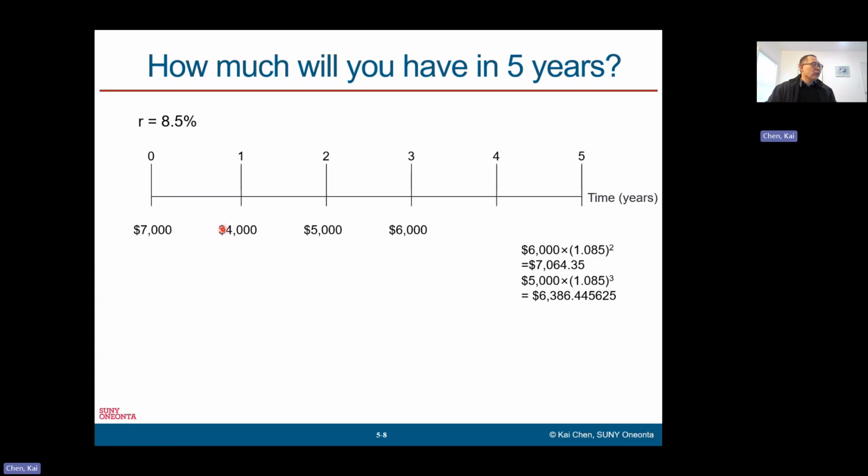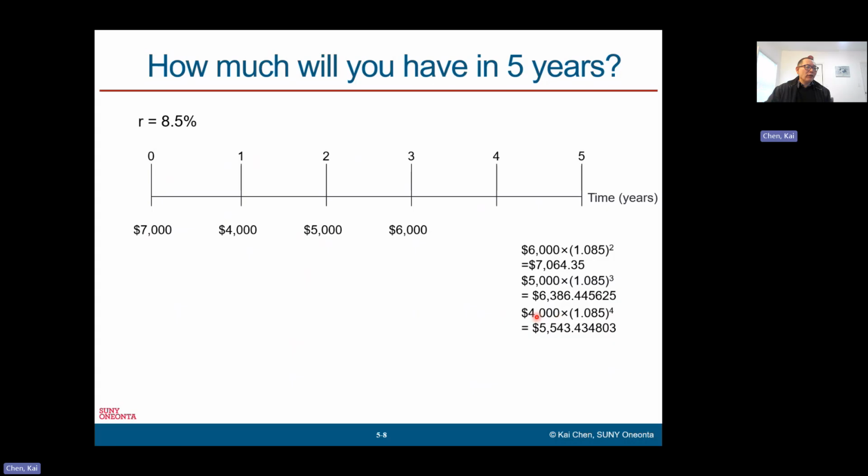Now let's look at the future value of $4,000 following the same procedure. Then we get the future value of $4,000 at the end of year 5 is $5,543.43.